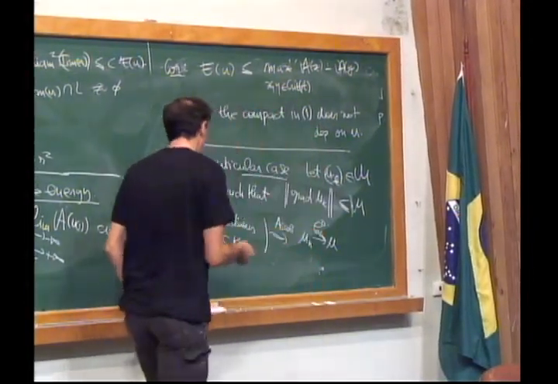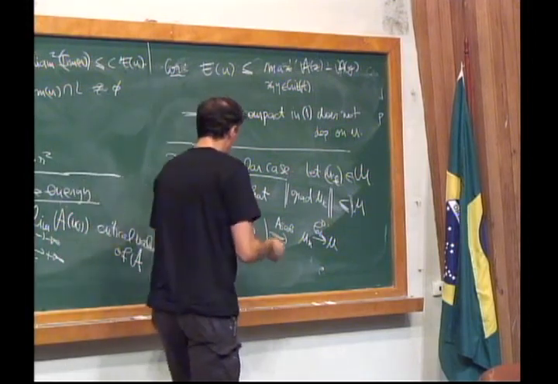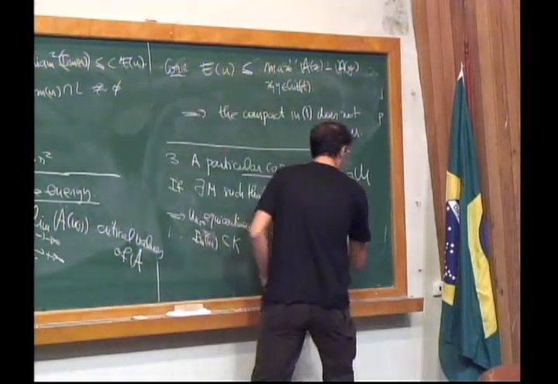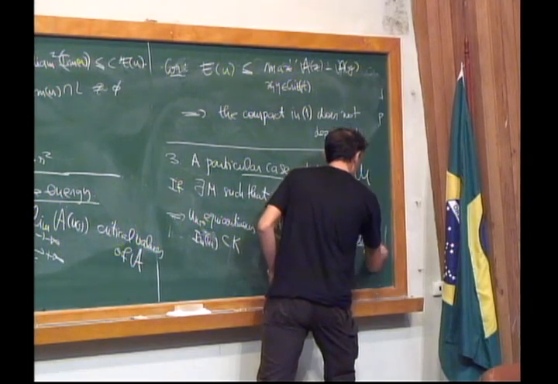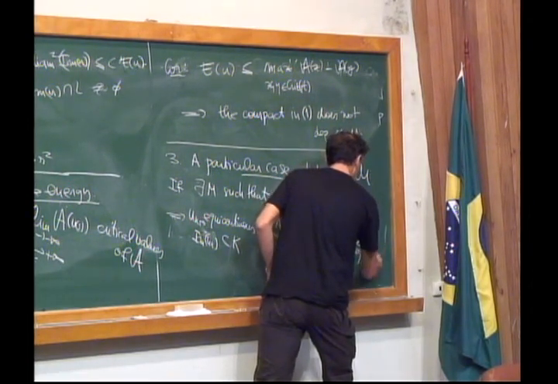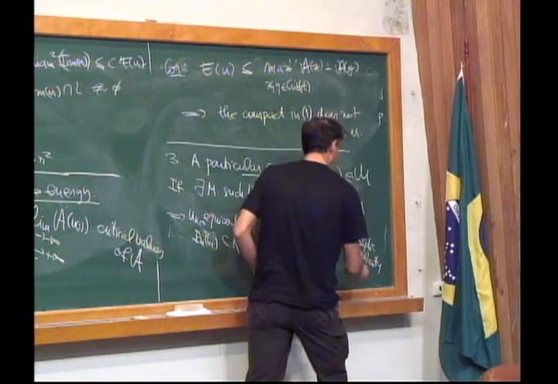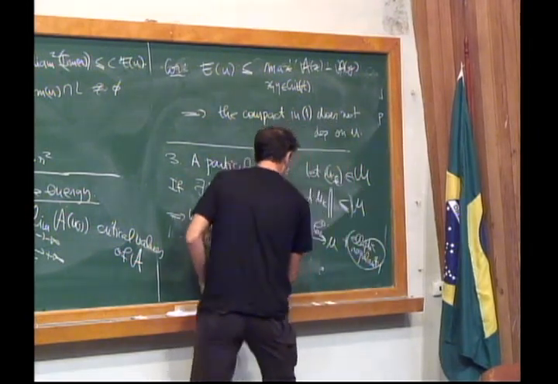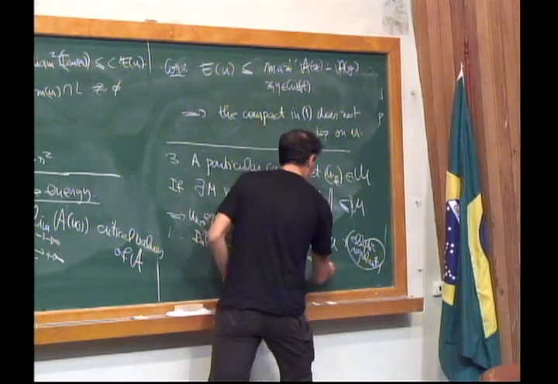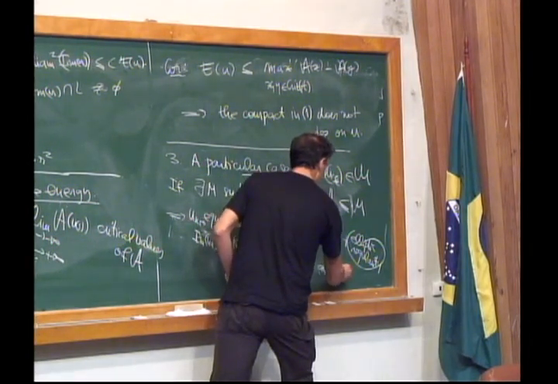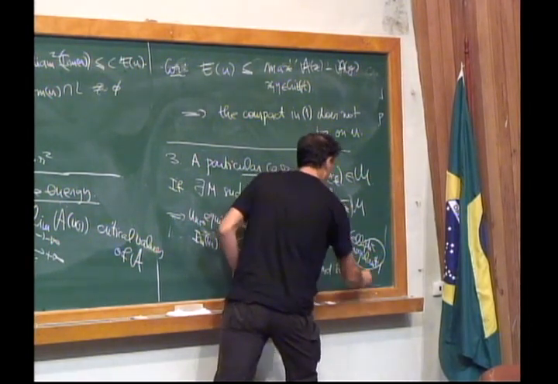And afterwards, of course, you are not done here, so you have to apply elliptic regularity again to get that actually U is C infinity and a solution of Floer.